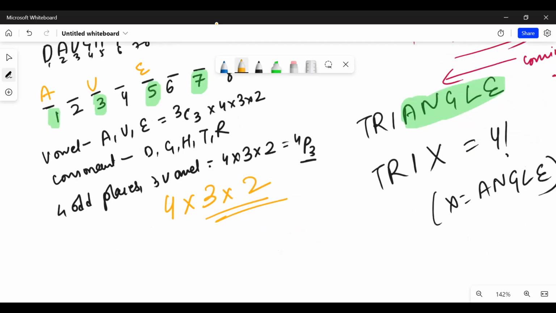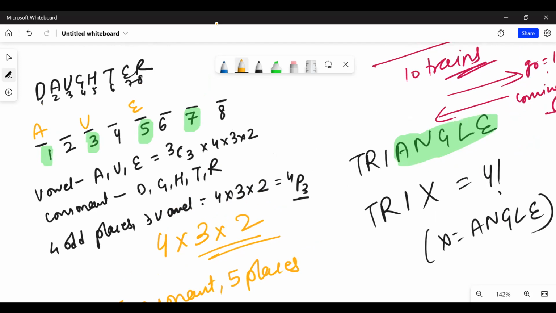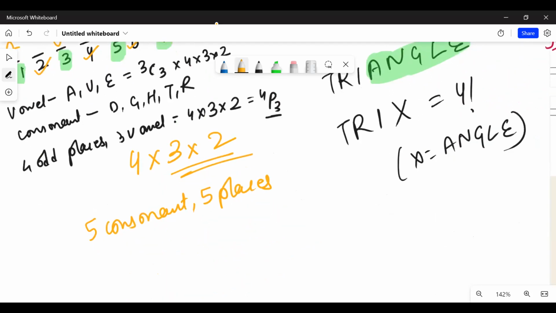Now how many consonants are there? 5 consonants. And how many places are left now? 1, 2, 3, 4, 5. 5 consonants, 5 places. In how many ways can they come? You can either write 5 factorial or 5P5.